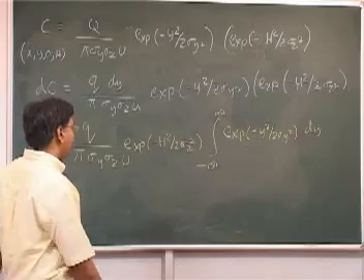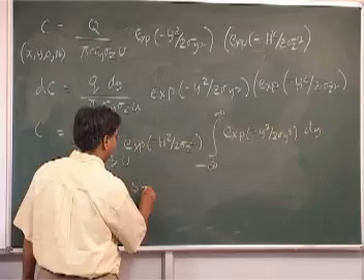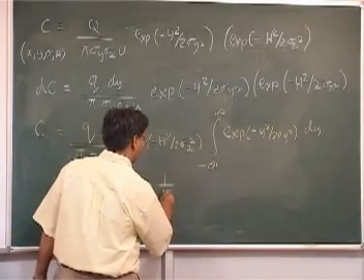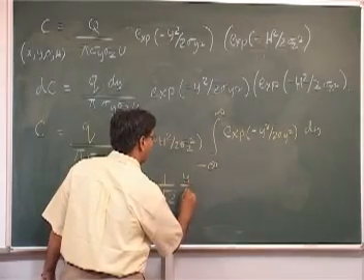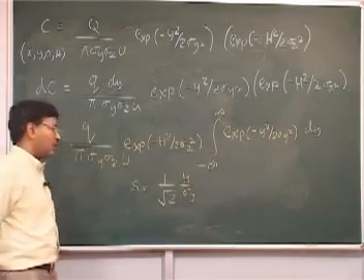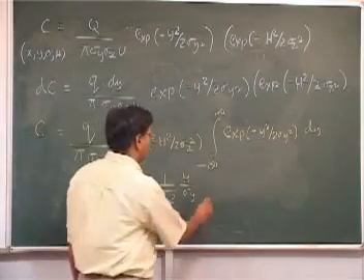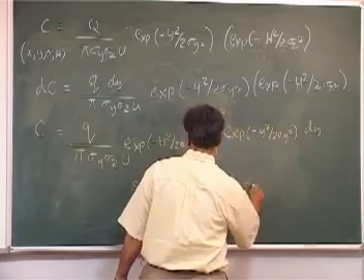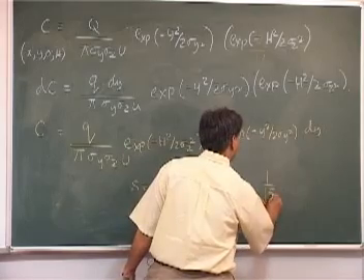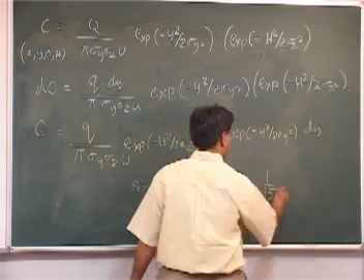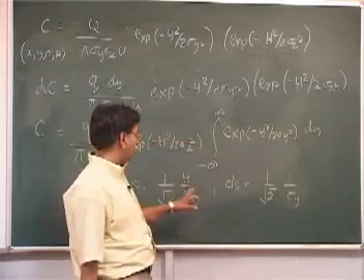If I make a substitution, suppose I say S equals y over root 2 sigma y. Then ds will be equal to dy over root 2 sigma y, where sigma y is constant.